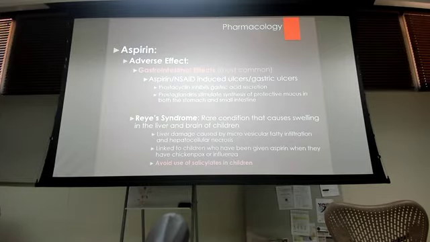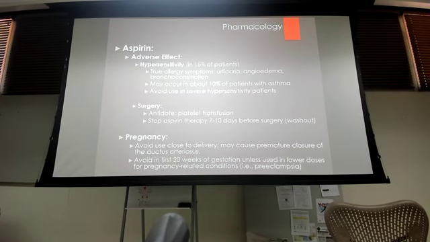And I just mentioned all of these. And then there's hypersensitivity, and we're talking about aspirin allergy. And then for surgery, the antidote, you may have to do a platelet transfusion and stop aspirin therapy 10 days before because of that irreversible binding in the COX-1 pathway for the platelets.